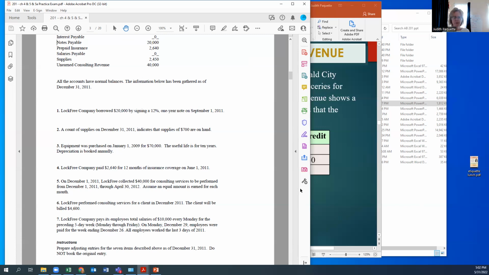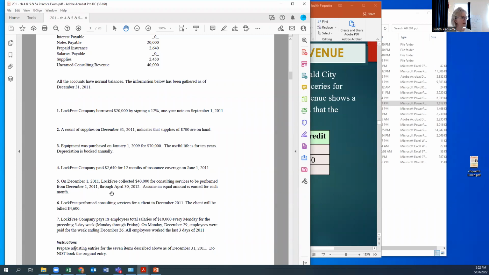Good, that's correct, Michelle. Anyone else? Yep, okay. On December 1st, Lockfree collected $40,000 for consulting services. And you can see that balance up there. That was an actual transaction, debit cash, credit unearned revenue.